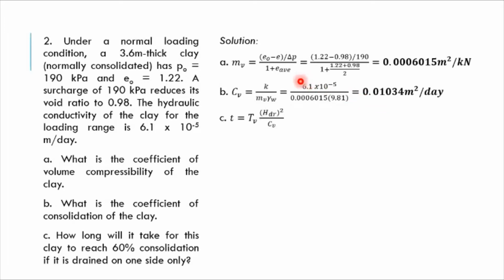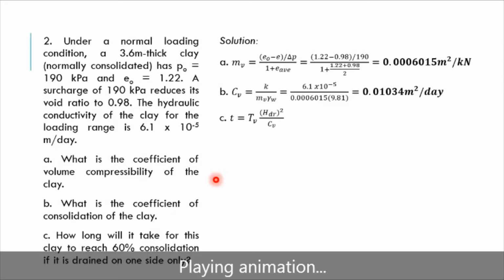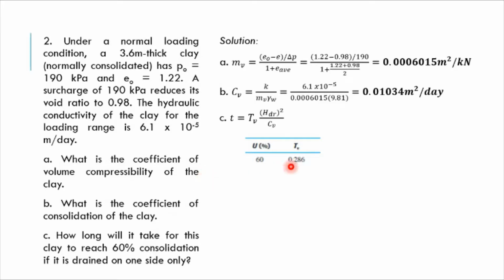And lastly, we have to determine the time for the clay layer to reach 60% consolidation if it is drained on one side only. So the time factor at 60% is equal to 0.286 from the table. This will be used in the formula for T. HDR should be the whole thickness of the layer because it is drained on one side only. That's why this will be one-way drainage.